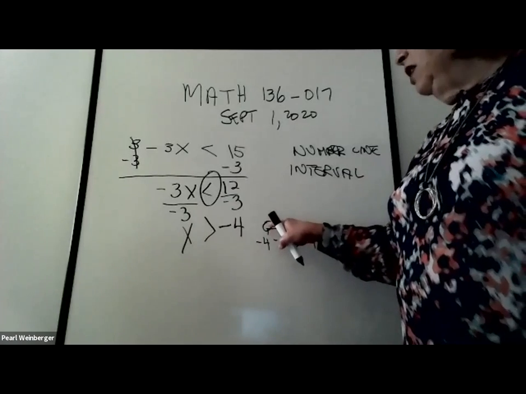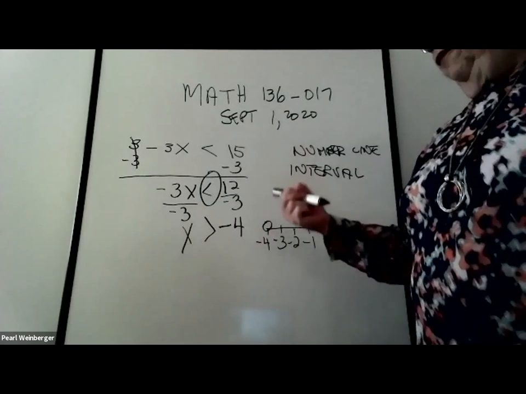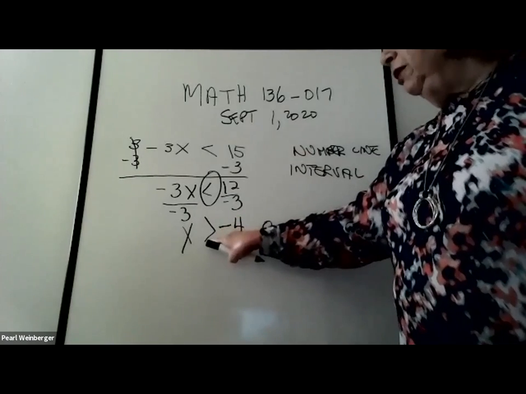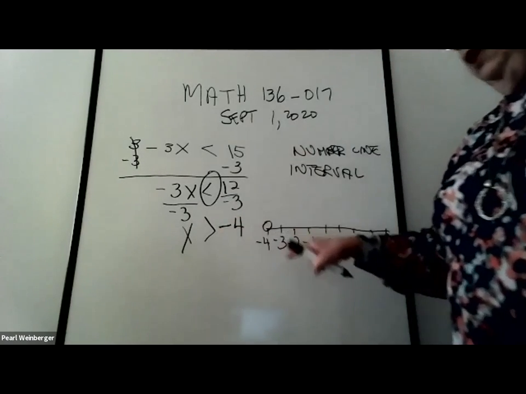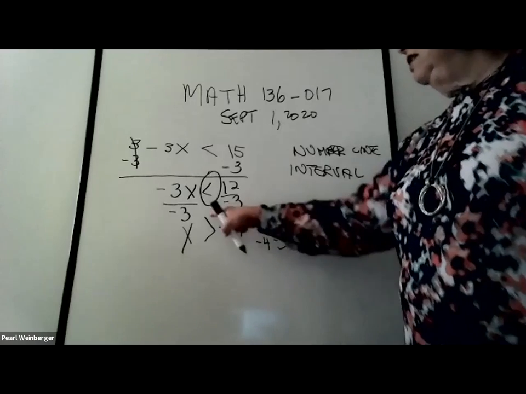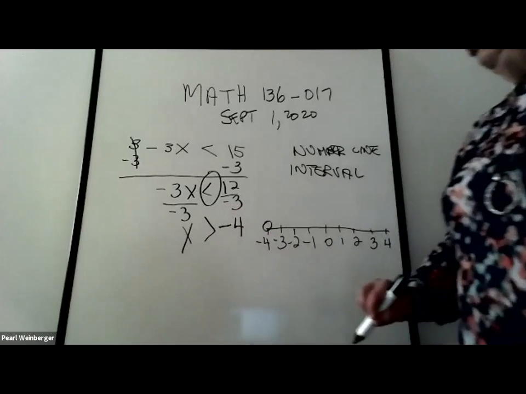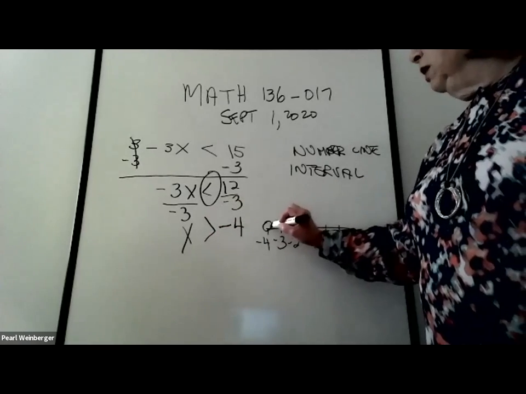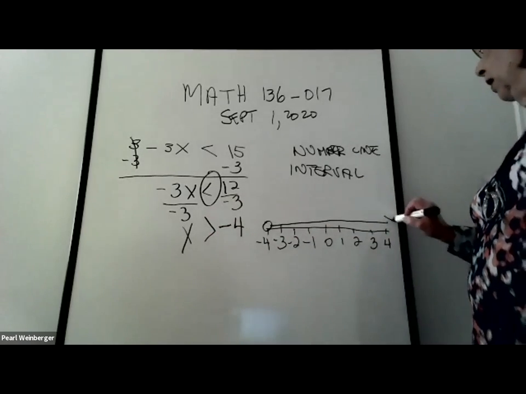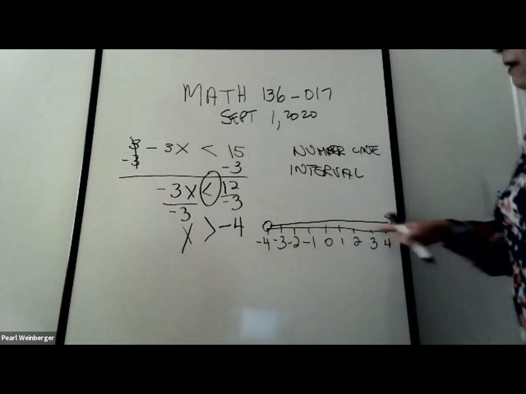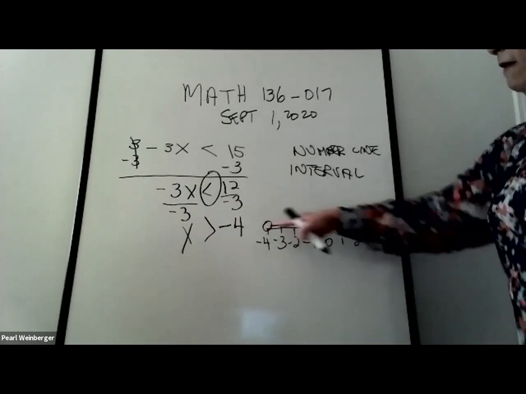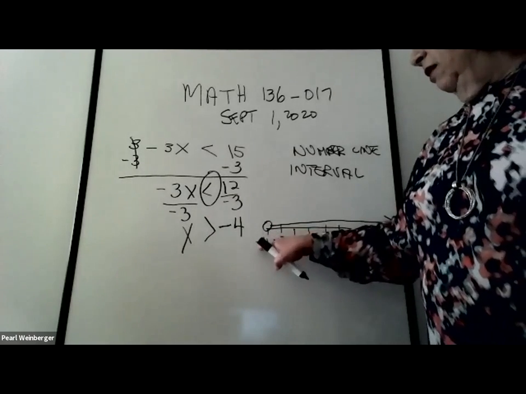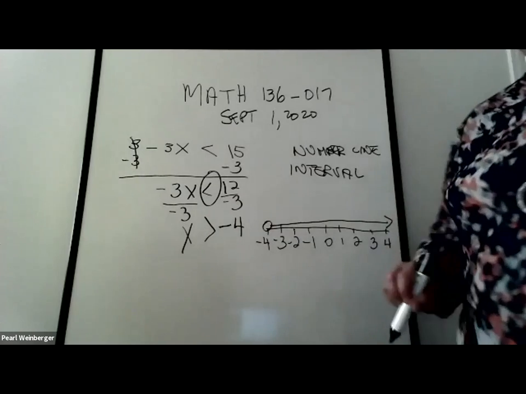And we have to make that an open circle rather than a filled-in circle because it does not include the negative 4. It's greater than negative 4, but not greater than or equal to. And then since this arrow is pointing to the right, the inequality, we draw the arrow going to the right. So we get the number line looking like this, an arrow starting at negative 4 and going to the right.